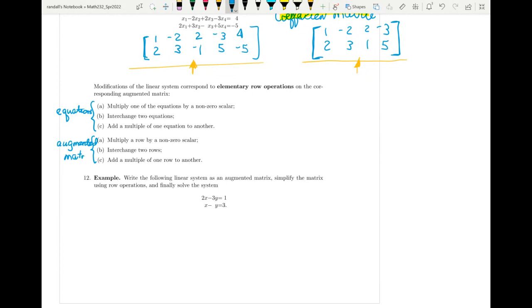So how do those translate to operations on the augmented matrix? When I multiply an equation by a scalar, I'm multiplying that row in the augmented matrix by a scalar. If I interchange two equations, I'm interchanging 2 rows in the augmented matrix. When I add a multiple of one equation to another, I'm adding a multiple of one row to another. So that's what it looks like when you're dealing with the augmented matrix.